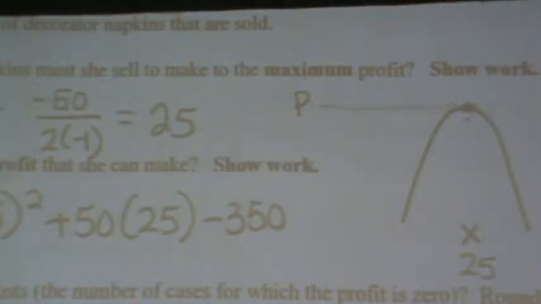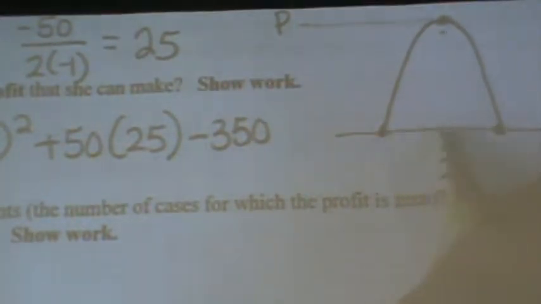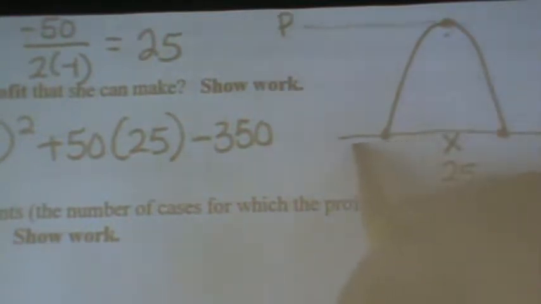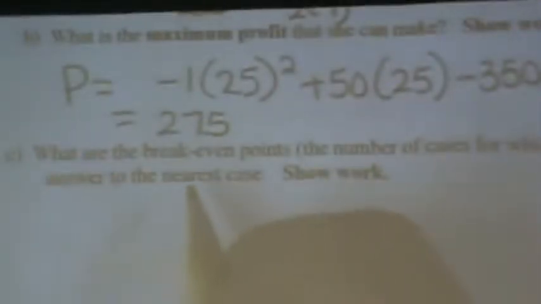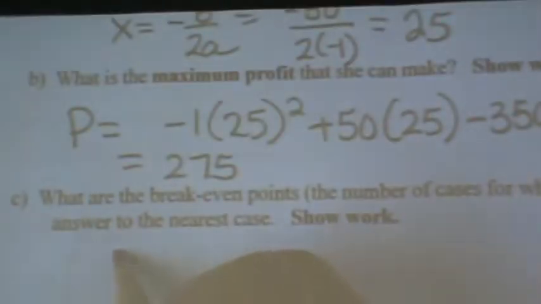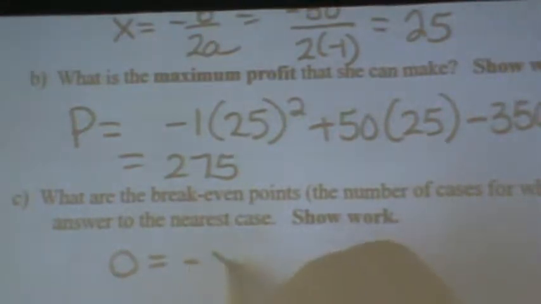Easy now? Now the break-even point is this right here, the zeros. How do you find these two numbers? I want to know when the profit is nothing, when you make no money, but you sell all of your cases. I want to know where P is 0. So I want this answer right here.